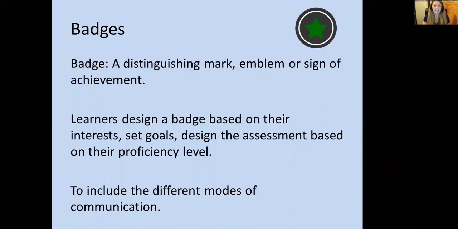So a badge is a distinguishing mark or emblem or sign of achievement. This idea came to me with my I CAN statements. I started creating these lessons in units where I'd have one overarching question, like, I can plan and socialize in a party.